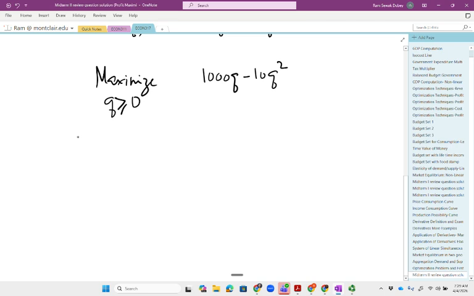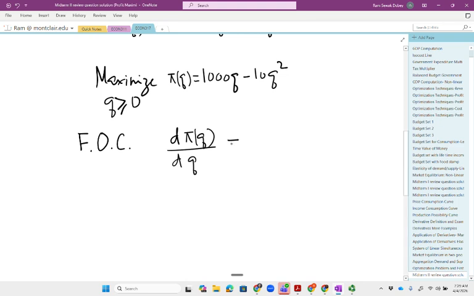For this maximization problem, I'll write down the first order condition. So this is my profit as a function of Q. We will write down the first order condition as the derivative of the profit function with respect to Q must be equal to 0. So let's take the derivative of 1000Q.